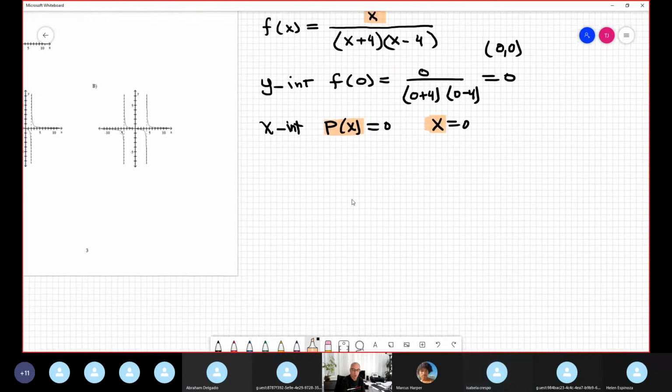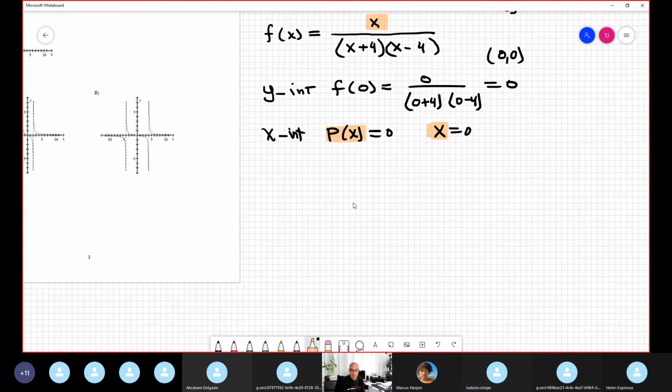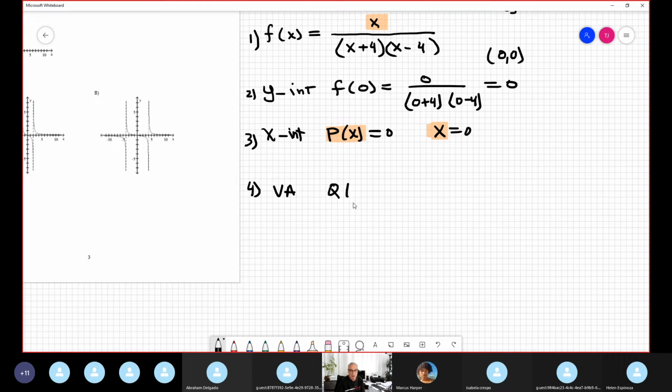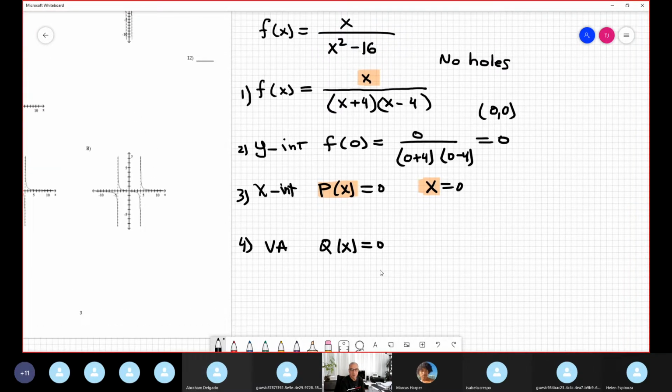Okay. Now what is the next step? Finding the vertical asymptote. Exactly. She said, find the vertical asymptote. And for the vertical asymptote, the formula is to take q of x equal to 0. You take the polynomial in the bottom equal to 0. And either way, guys, in the factored form or in the original form, some students prefer doing it like that.